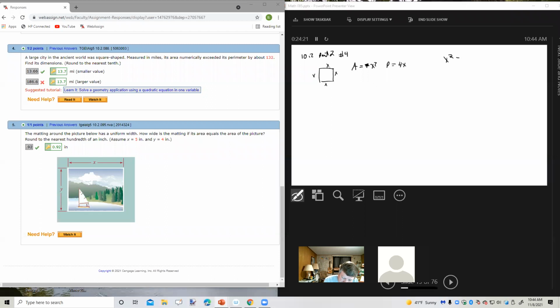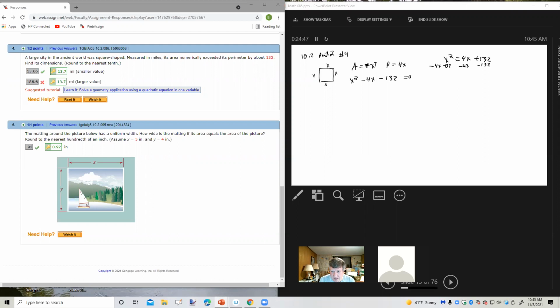So we've got x squared equals 4x, only now it exceeds it by 132. Everything's the same except that last number. Subtracting 4x and subtracting 132 from both sides, we get x squared minus 4x minus 132 equals 0.